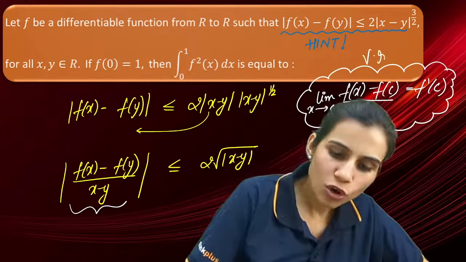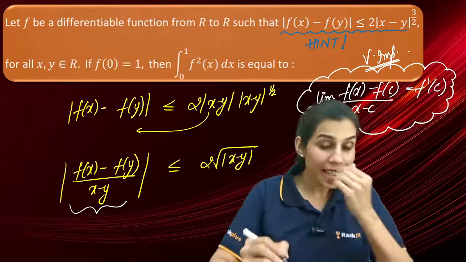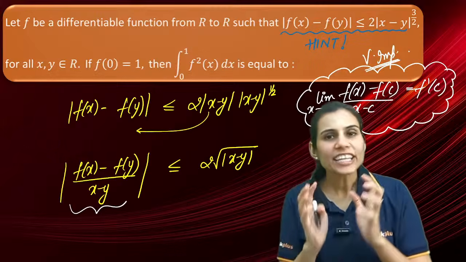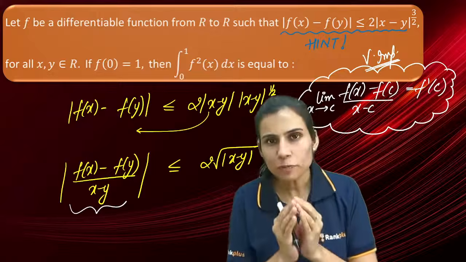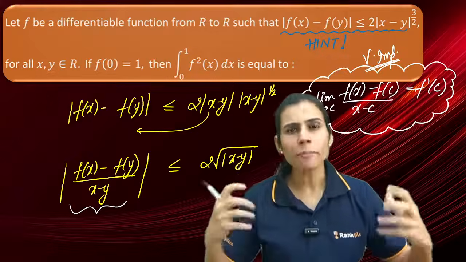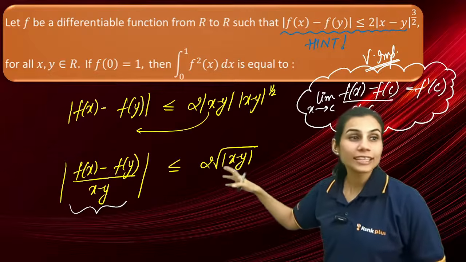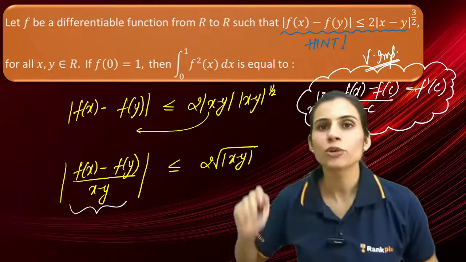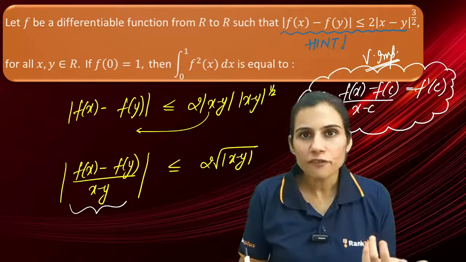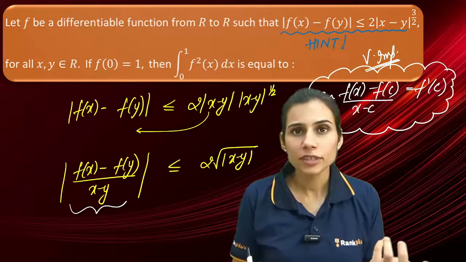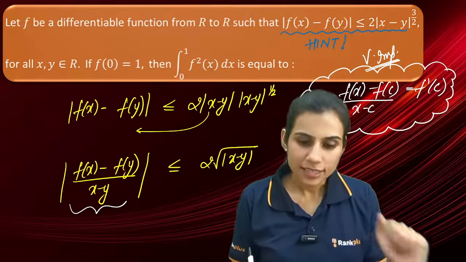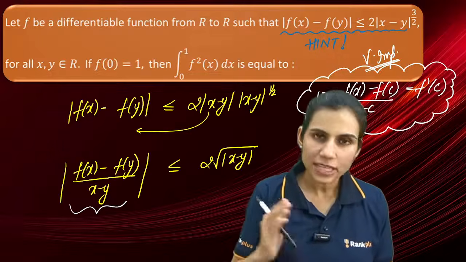This is so important and such a minute piece of information, but such a bomb piece of information. If you're able to recall it, you will be able to identify that at this stage this is what I'm going to apply. Just in place of y, there is c, f of x minus f of c upon x minus c.